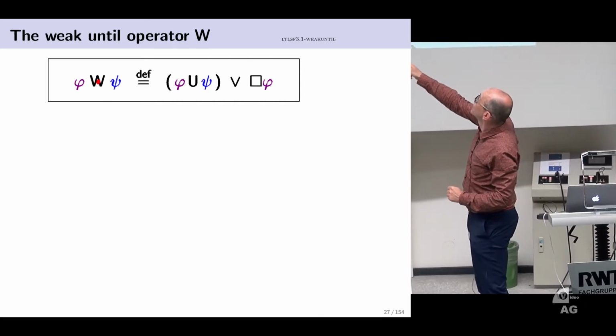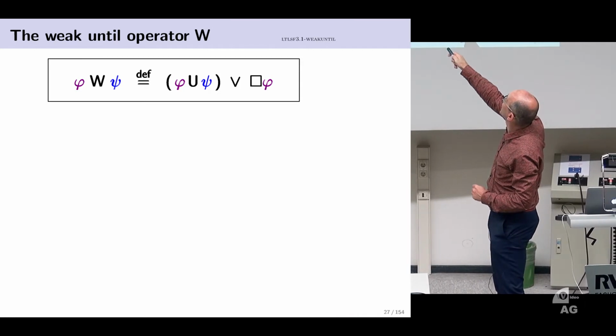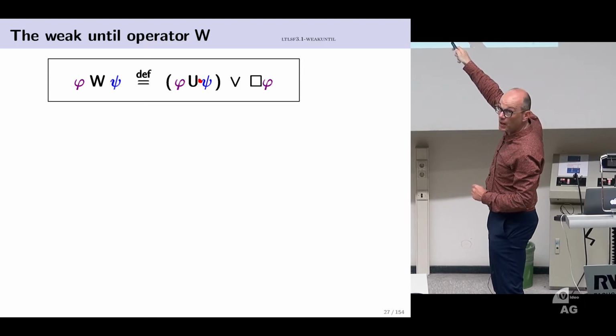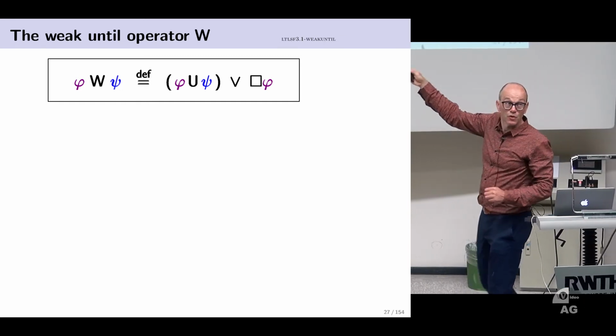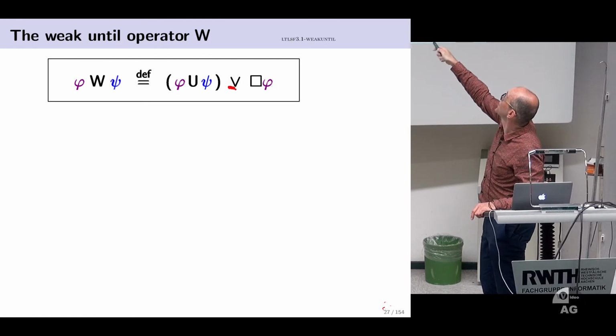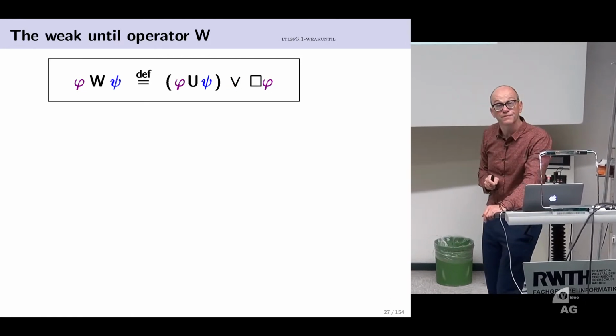Phi weak until psi is defined as being, well, phi must hold until psi holds. Now this part says that psi must hold at some point in the future. Now the weak thing is the second disjunct. It says, well, this is also satisfied if the first argument, that phi, holds always.